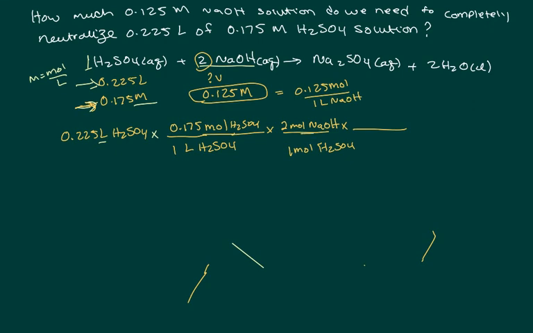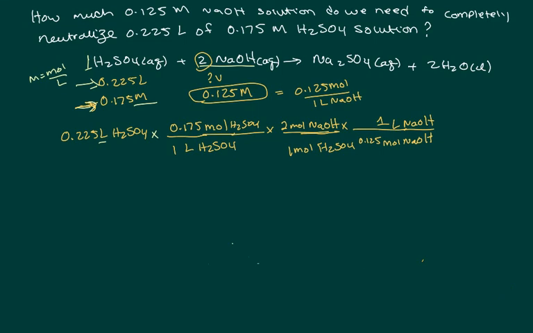Since moles is on the top here, I'm going to put moles of NaOH on the bottom and liters of NaOH on the top. For every 1 liter, I have 0.125 moles of NaOH.